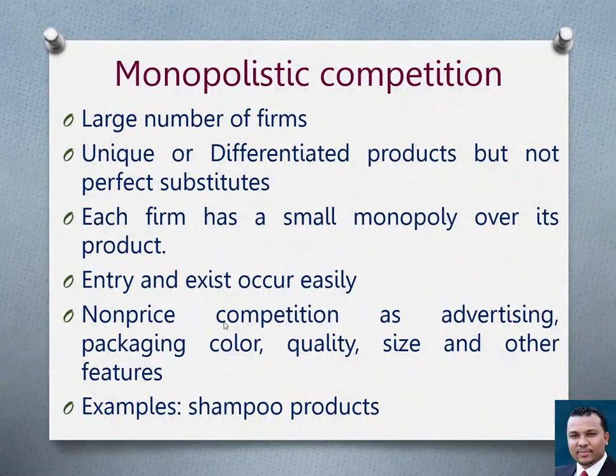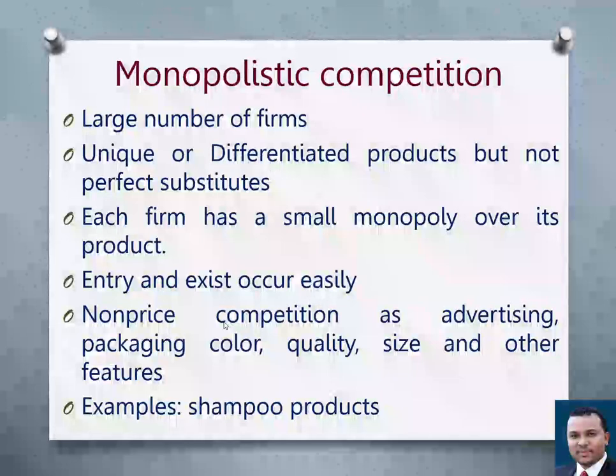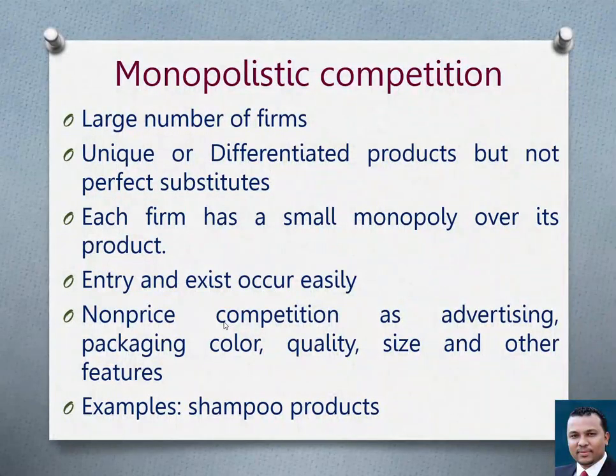In general, in case of monopolistic competition, we talk about a very important item, which is non-pricing competition. The competition is in factors other than price. What are the factors that firms may compete in? Maybe they compete in advertising, in quality, in packaging, color, or features of the product.